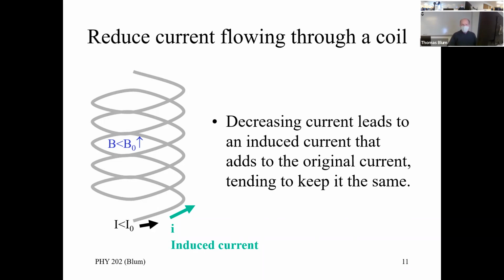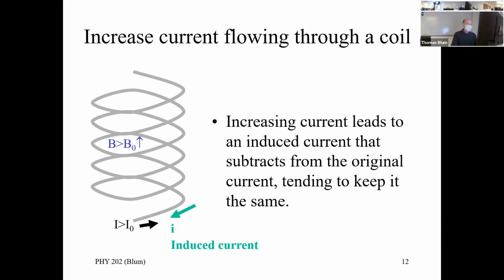It doesn't win, eventually the current gets changed, but at least it slows down my change. If I were trying to increase my current and get a bigger magnetic field, that change would cause a current in the opposite direction. And so again, it won't stop me from changing the current, but it will initially oppose me and make it a little bit harder to make that change and slow down my change.